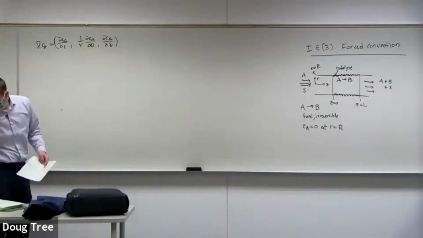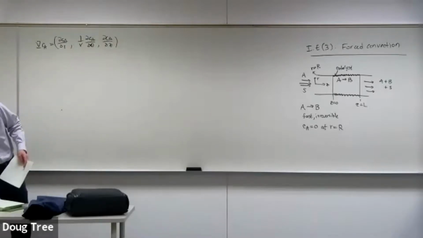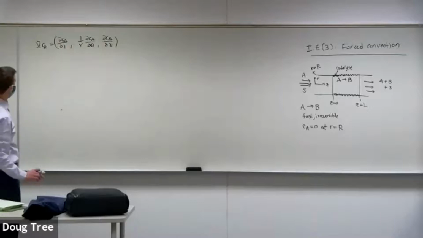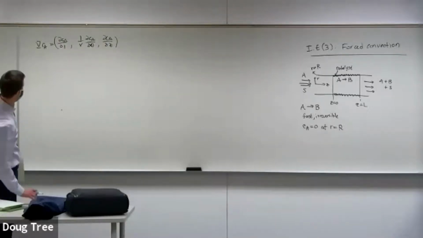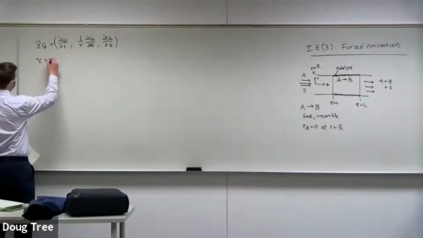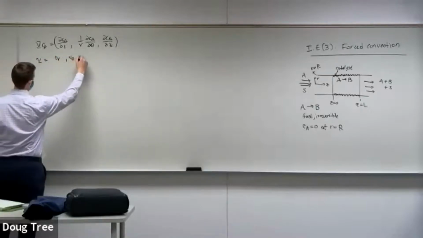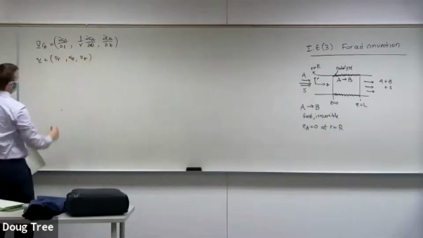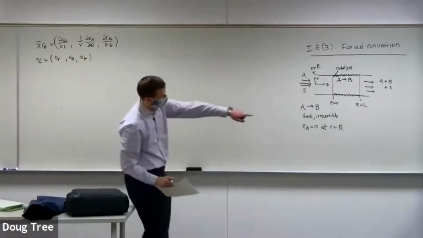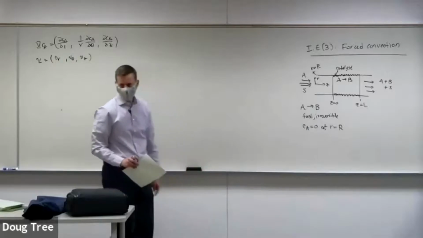And then V is Vr, V theta, Vz. So let's think about this. We're going to do that V dot del CA.